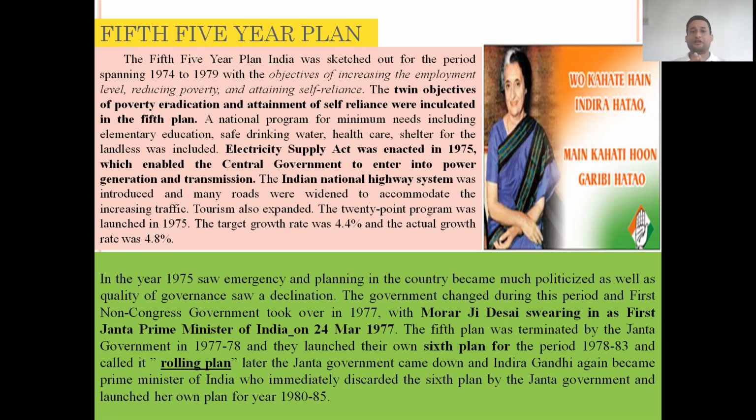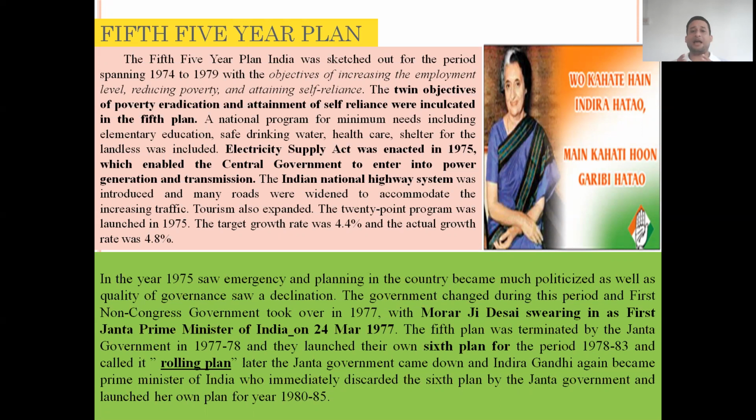A national program for minimum needs, including elementary education, safe drinking water, healthcare, and shelter for the landless, was included. Through this, the government of India, or the planning commission, tried to upgrade the social sector of India at that time. The Electricity Supply Act was enacted in 1975, which enabled the central government to enter into power generation and transmission.